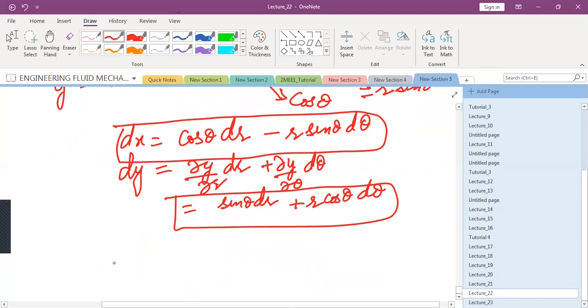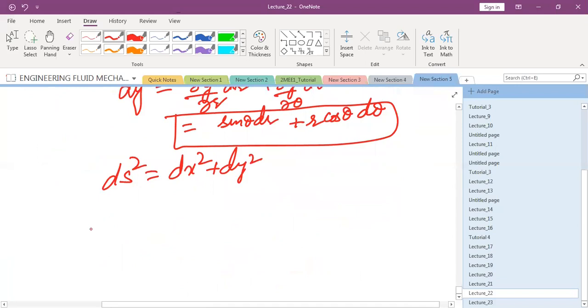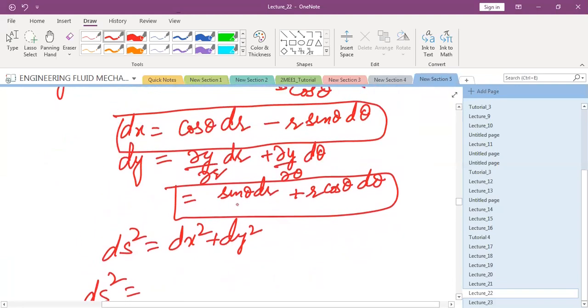In Cartesian coordinates, you know that ds square is equal to dx square plus dy square. What about polar coordinates? ds square will be equal to what? You will simply substitute the values of dx and dy.